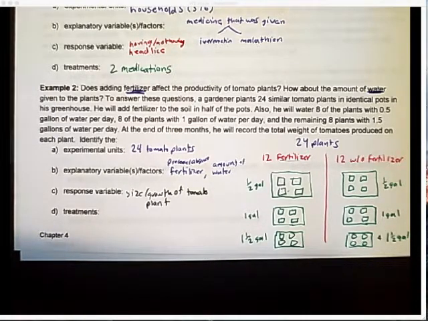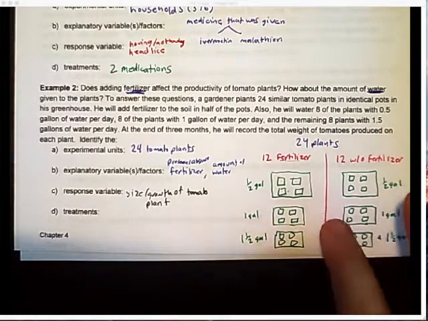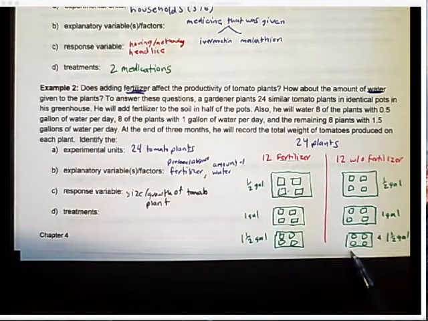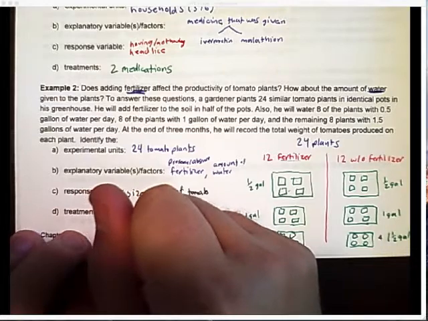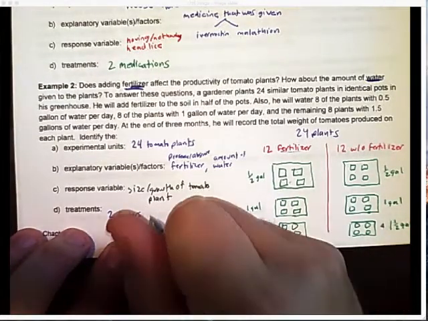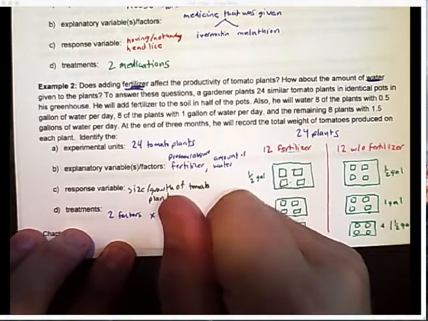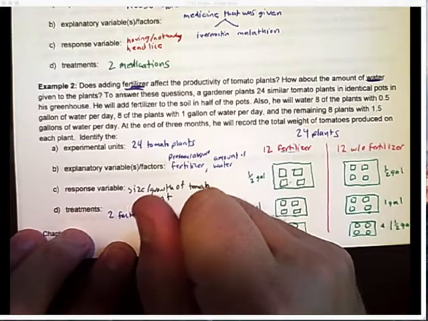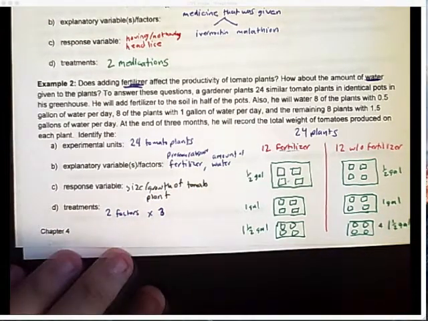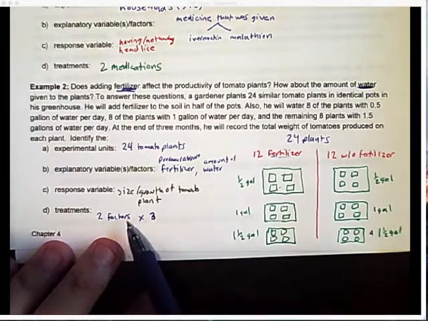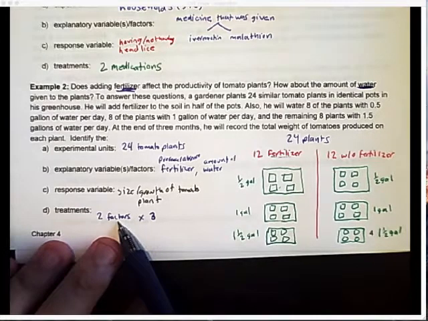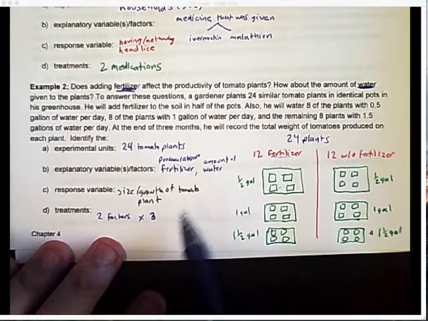Okay, so looking over here at the treatments, there's 6 basically treatments. Okay, we have basically 2 factors, and you have 3. Okay, the factors are the presence or absence of fertilizer and the amount of water.